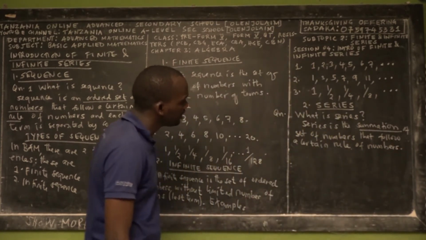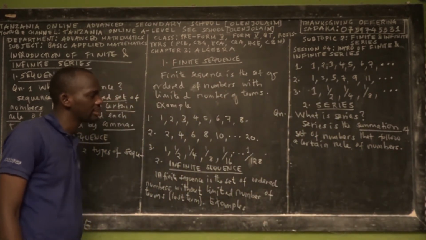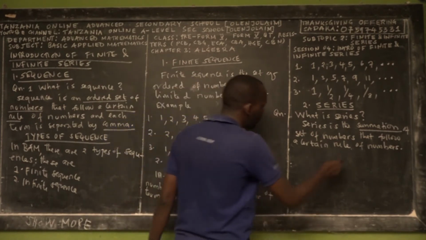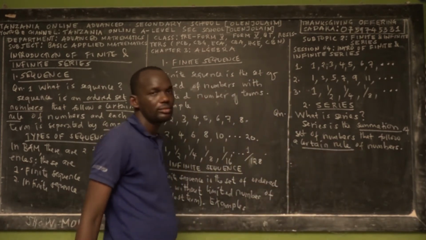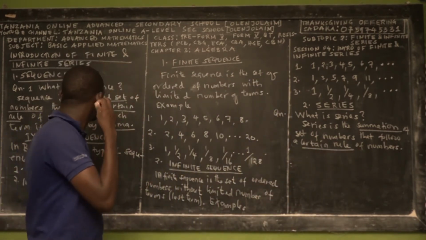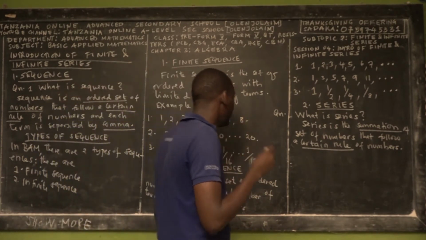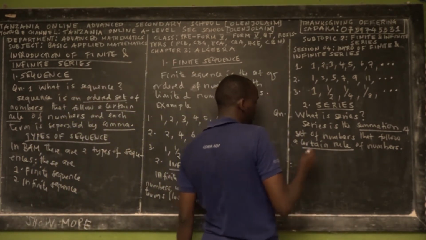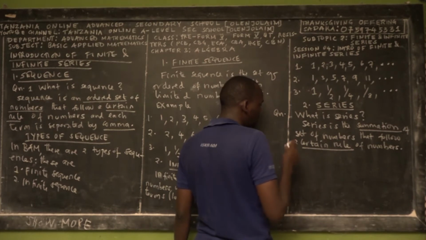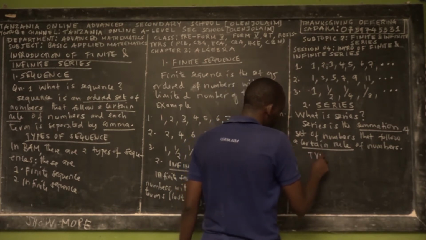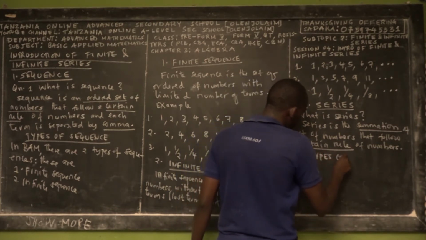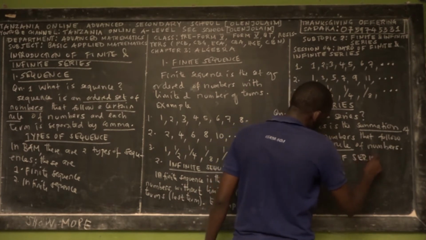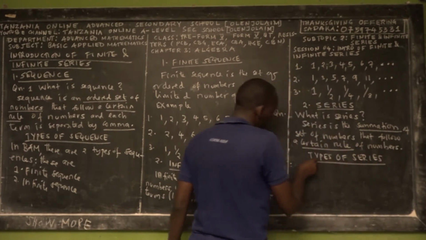So simply, series is a summation of the set of numbers that follow a certain rule of numbers. That means series is not sequence. So what are the types of series?